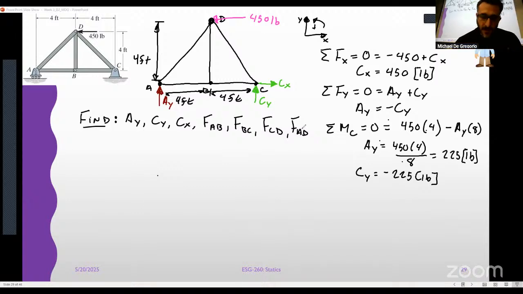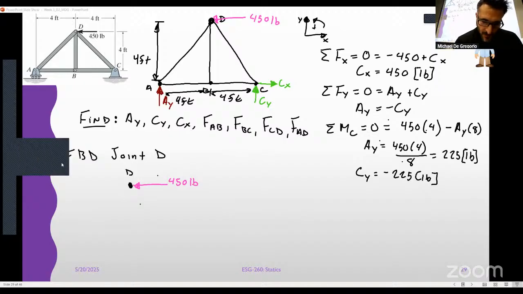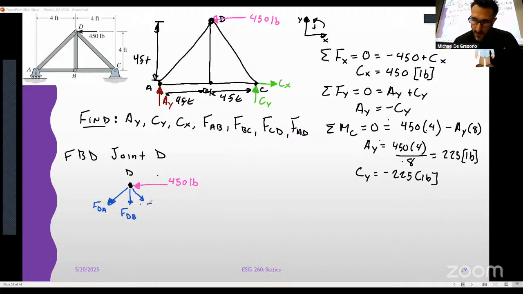Well, let's draw the FBD for joint D. And I have this force going this way, and I've got FDA, FDB, and FDC.